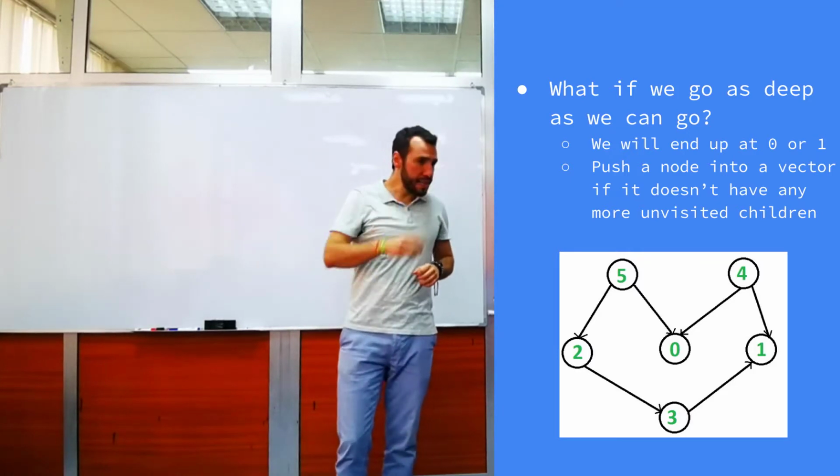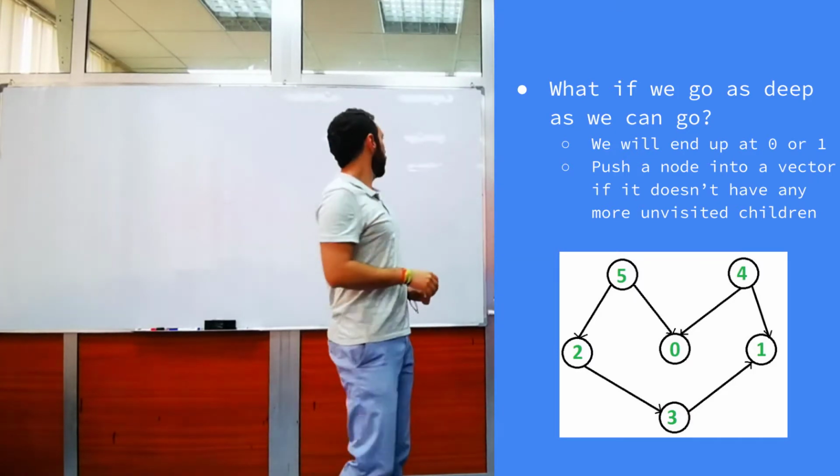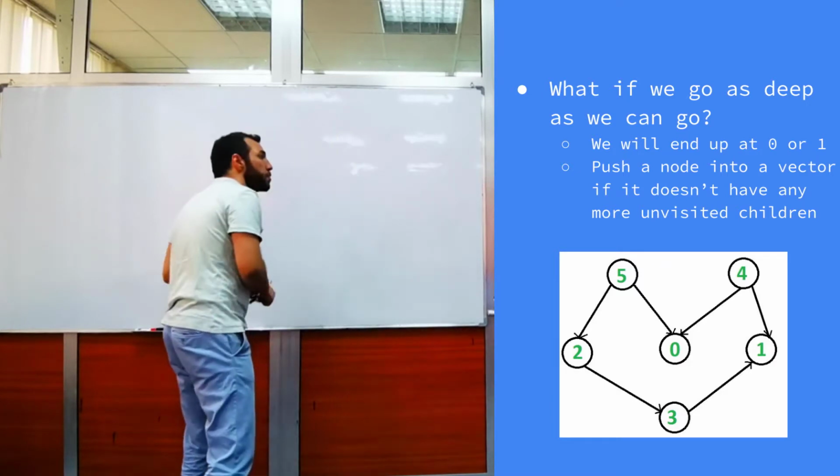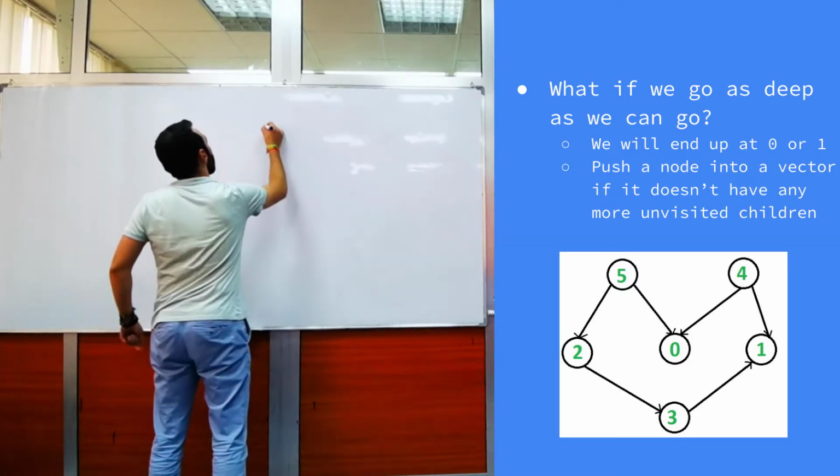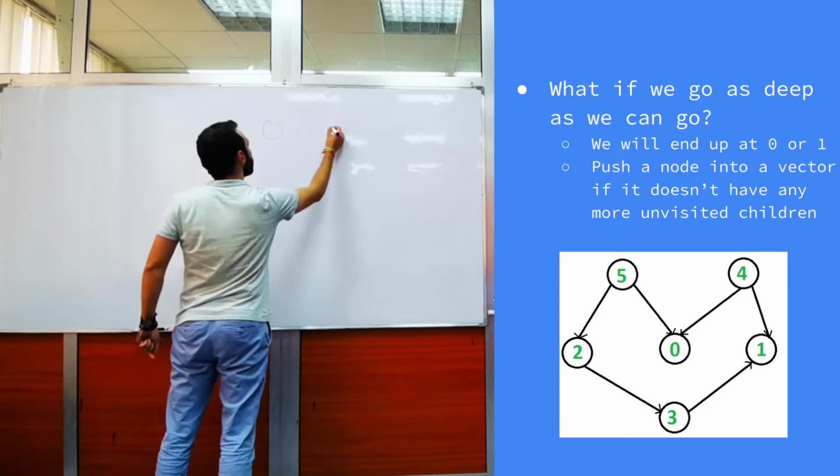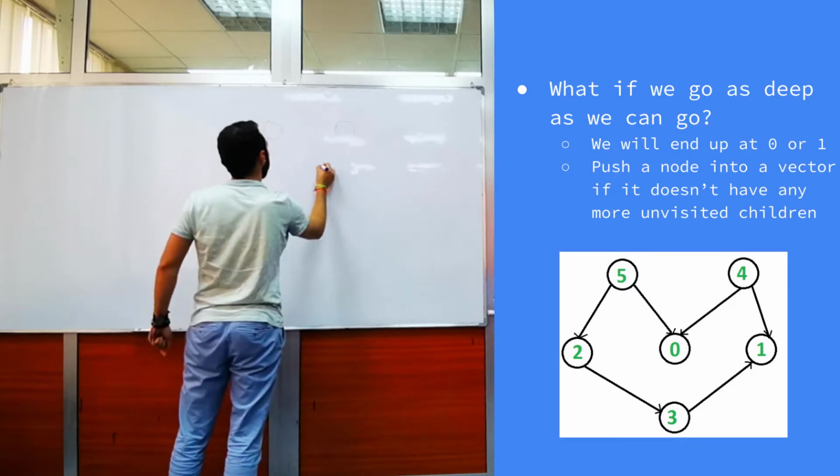So let's take a look at this graph, and actually it's better to put it on the board here. So we have one node here, one node here, one node here.